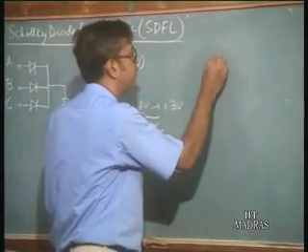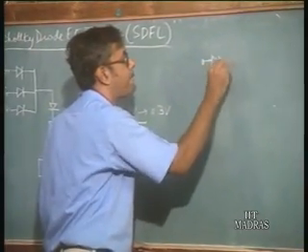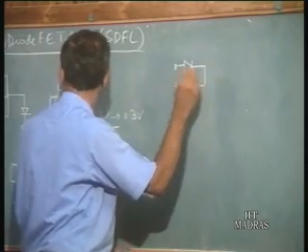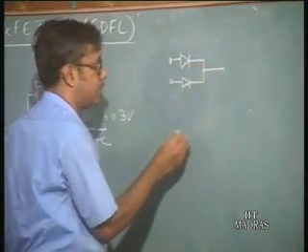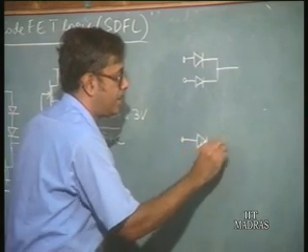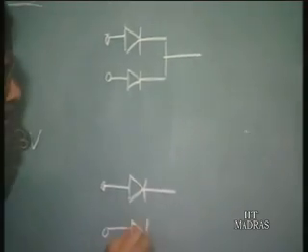Say for example, if you have a circuit like this, so these are say 4 inputs.